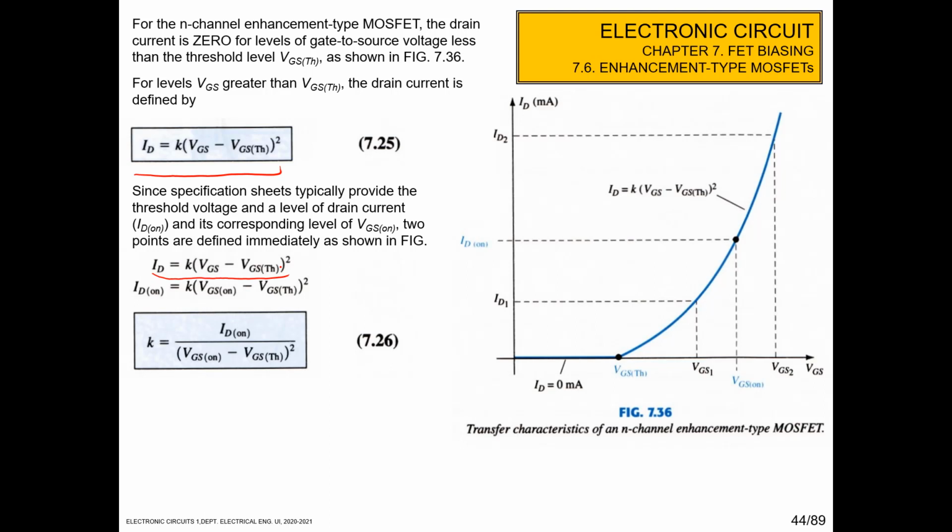So the ID on is equal to K multiplied by (VGS on minus V threshold) squared. And then K, the constant here, is ID on per (VGS on minus V threshold) squared. Okay, and then this is the device characteristic for enhancement type of the MOSFET.